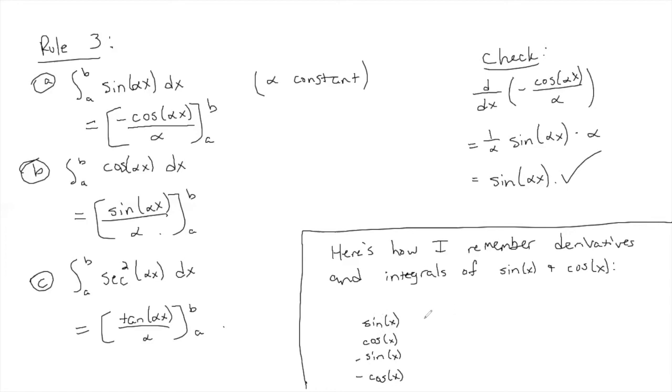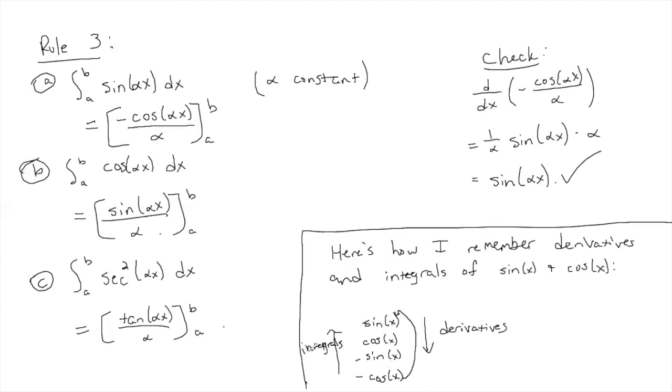Now, to go down the list, you're taking derivatives. And to go up the list, you're taking integrals. So I sort of have this picture in my mind. And when I think, all right, what's the derivative of sine? I just have this picture, and then I take a step down. Now you might ask, what happens when I take the derivative of negative cosine? Well, it loops. So you sort of loop back up to the top.